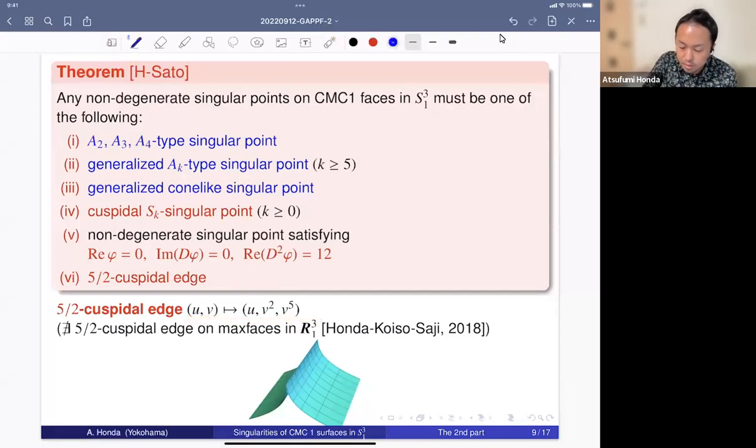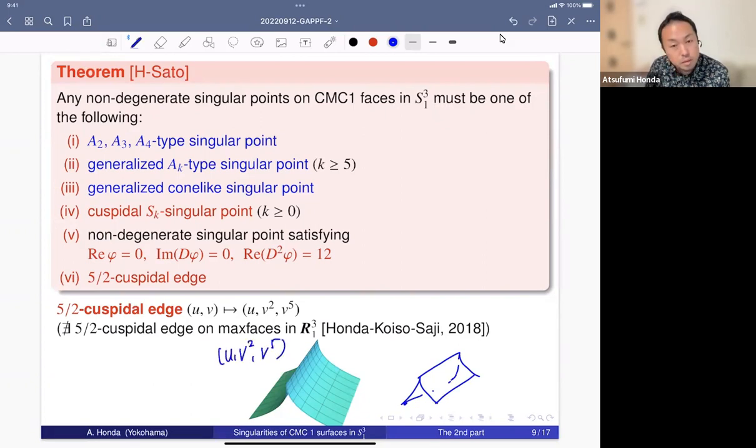This figure is very similar to the usual cuspidal edge. This map is defined in this way, 5/2. And this map is given by this standard form, the 2/3 cuspidal edge.